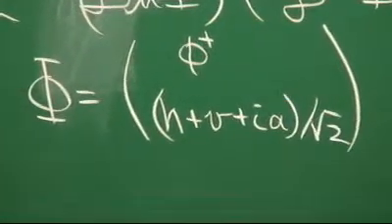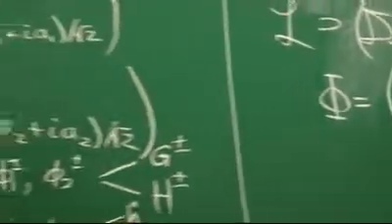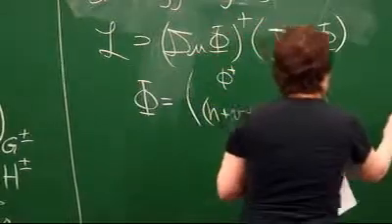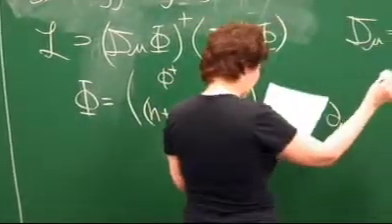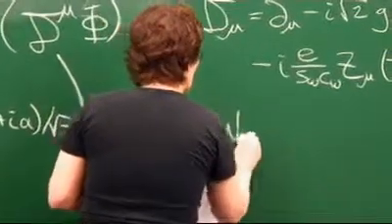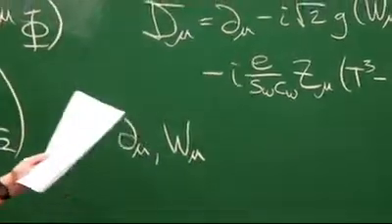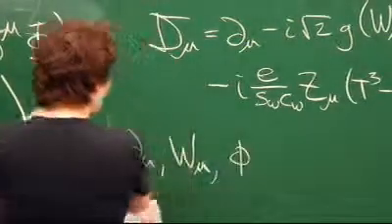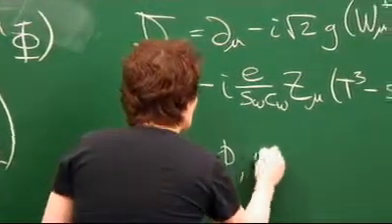And so let me look for a certain set of terms in this covariant derivative, in particular terms that involve one derivative, one gauge field, so a W mu or a Z mu, one scalar, so one factor of the scalar field, and one vacuum expectation value.